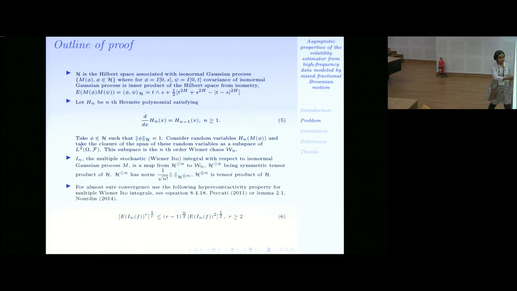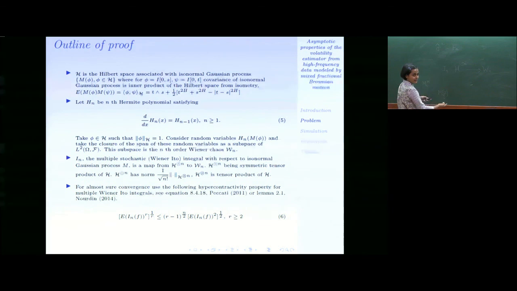You construct Hermite polynomials of these, take the span, take the closure, for the nth Hermite polynomial, whatever object you end up with, that is your Wn space. So In is the map from this thing. Now the next step, one is able to show that our sigma hat square can be expressed in terms of this multiple Wiener-Ito calculus, if I make this map like this.